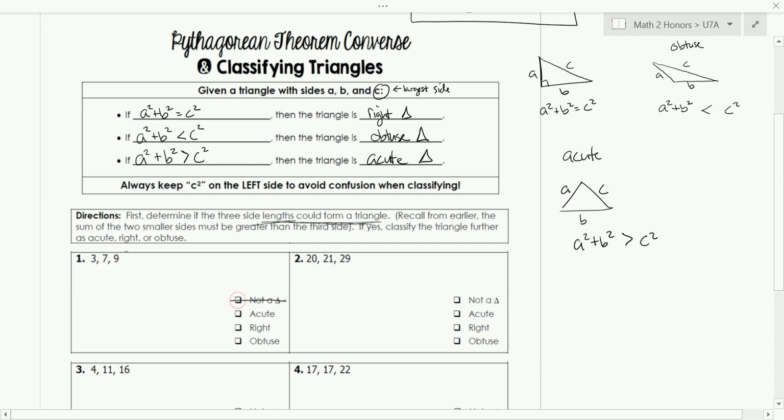Then we're going to check A squared plus B squared, so 3 squared plus 7 squared, and compare that to 9 squared. So 3 squared is 9, 7 squared is 49, 9 plus 49 is 58, and 9 squared is 81. And so 58 is less than 81. What does that tell us about the triangle? It's going to be an obtuse triangle.